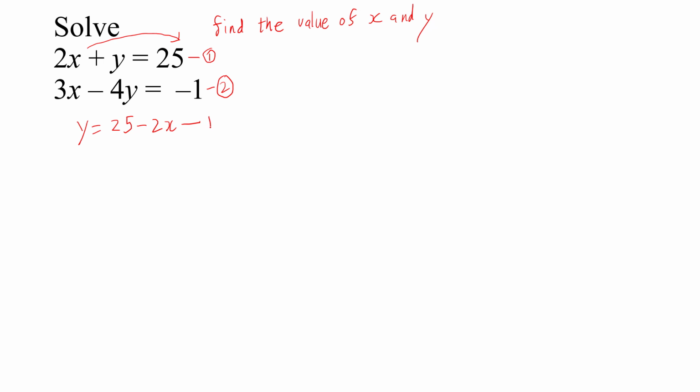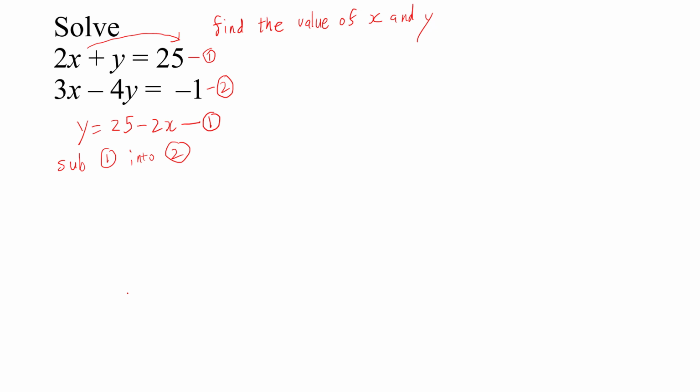So this one is still equation 1, because all I did was to move the 2x over to become 25 minus 2x. Because 2x plus y equals to 25, 25 minus 2x equals to y. So with that, we can substitute the first equation into the second equation.